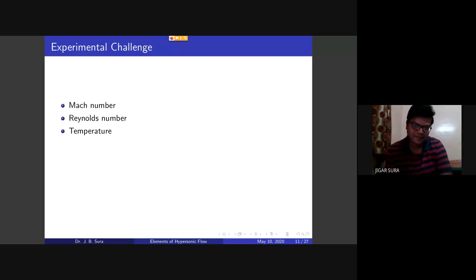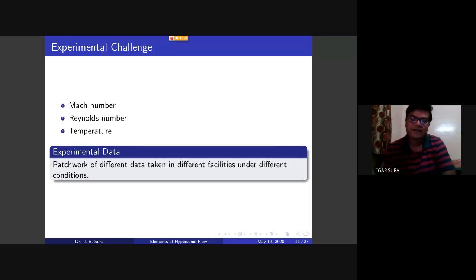You just keep on thickening the wall, you design the joints properly, you will be able to store it. But if you say I want to store something at 200 degrees Celsius even at 1 atmospheric pressure, then also it is difficult because heat transfer will keep on happening and it will reduce the temperature eventually. So these three things are experimental challenges for hypersonic flow.